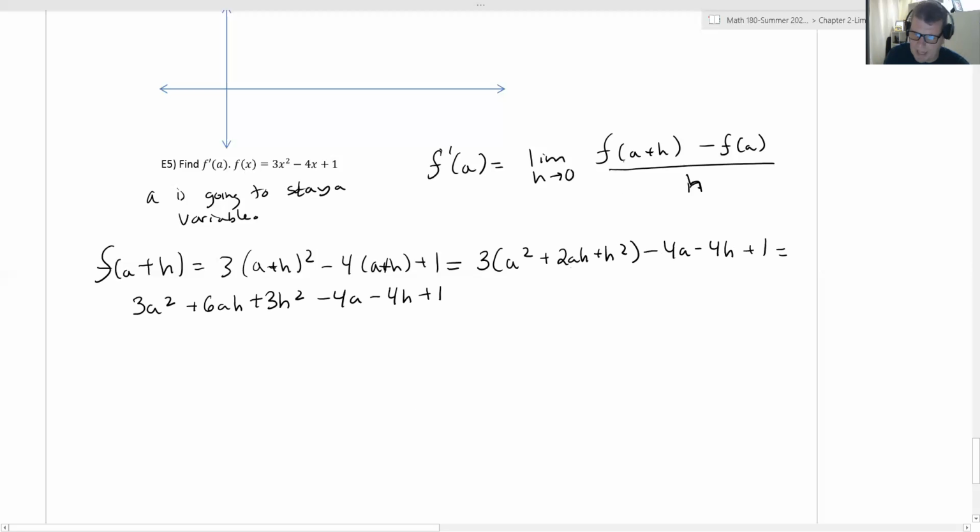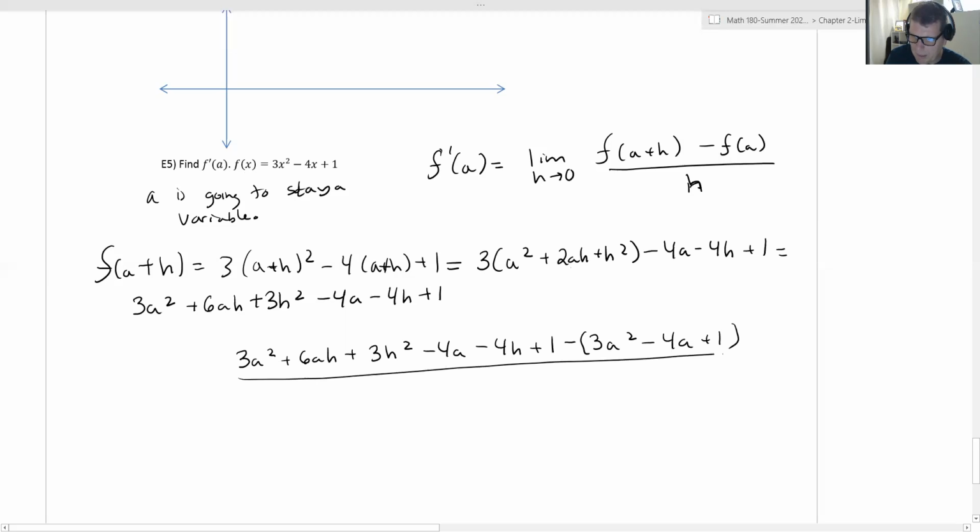So now I'm just going to plug that into my equation here, okay? So this is going to then be 3a squared plus 6ah plus 3h squared minus 4a minus 4h plus 1 minus 3a squared minus 4a plus 1, all divided by h, and we're going to find the limit as h approaches 0 of that whole thing.